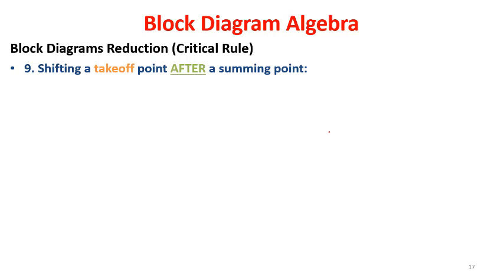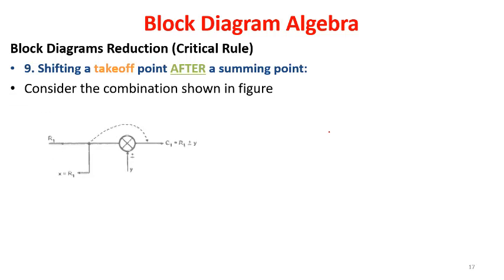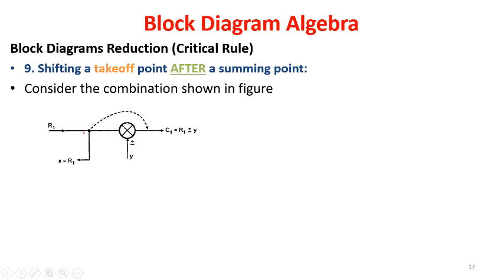Till now we have done shifting of the takeoff point after a block, but here we are going to do this shifting after a summing point. Let's consider the combination. So here we need to shift this takeoff point after this summing point.